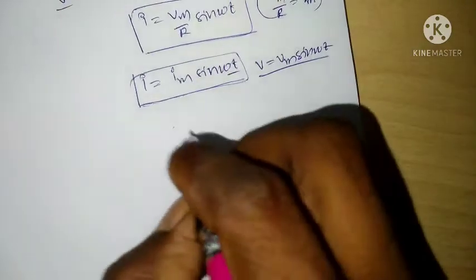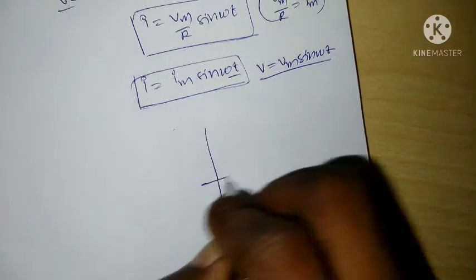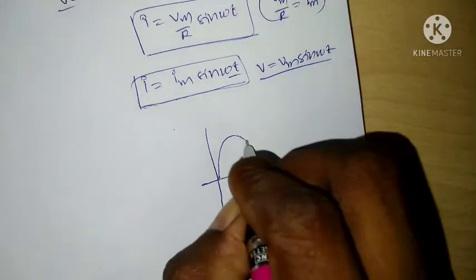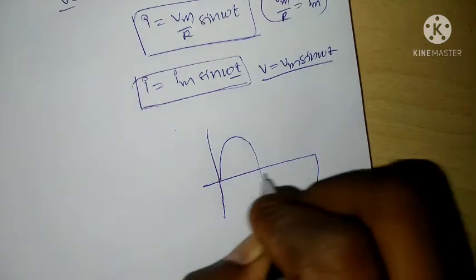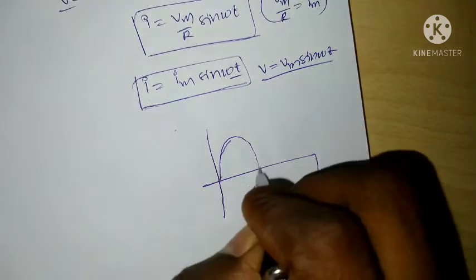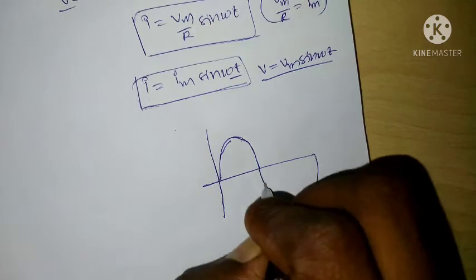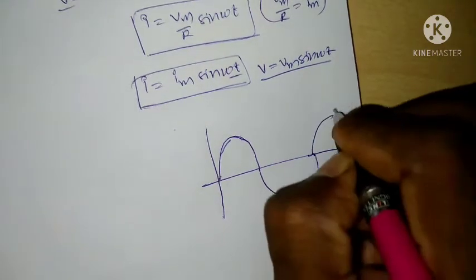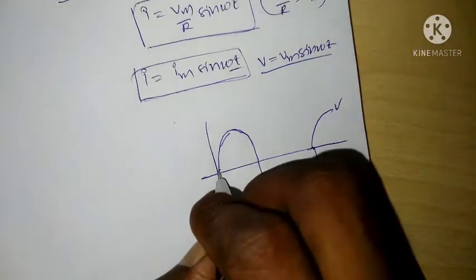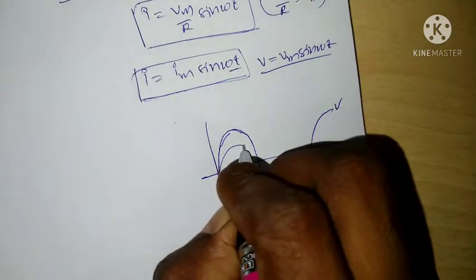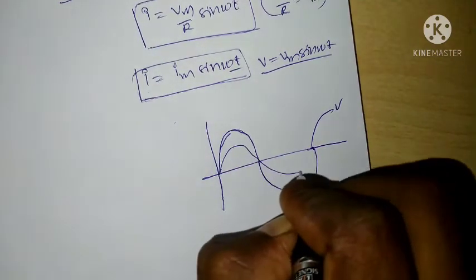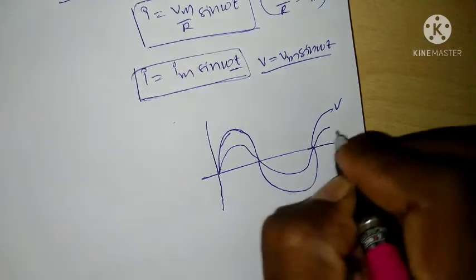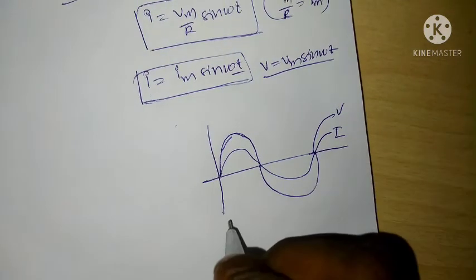We can draw the graph: this is the voltage graph, and next this is the current graph.